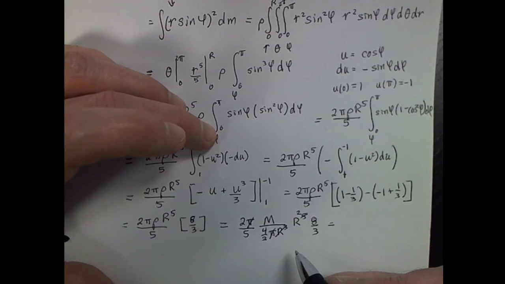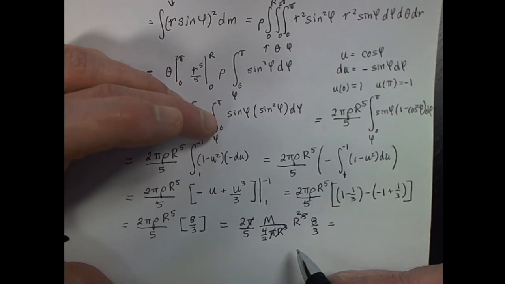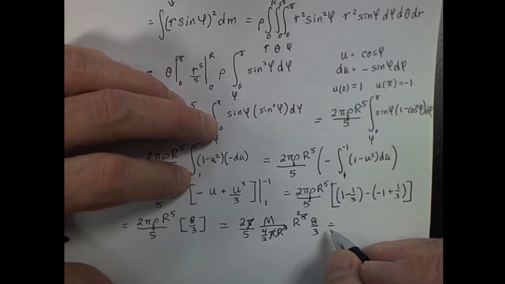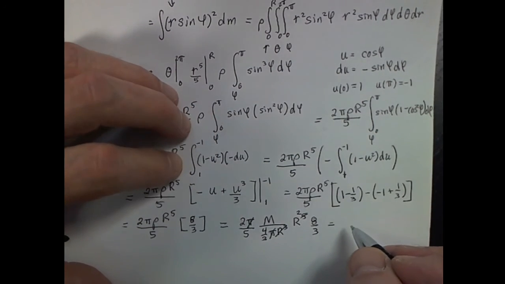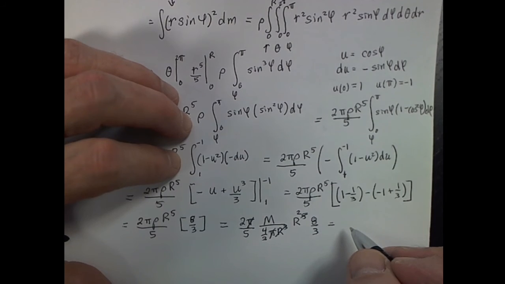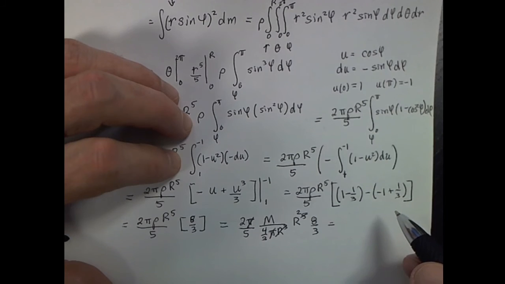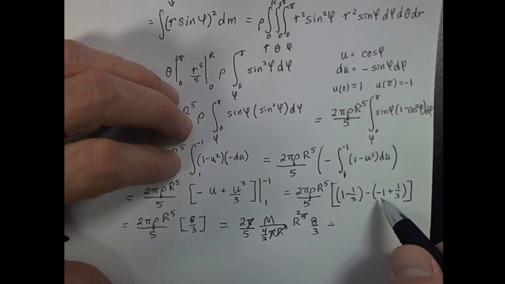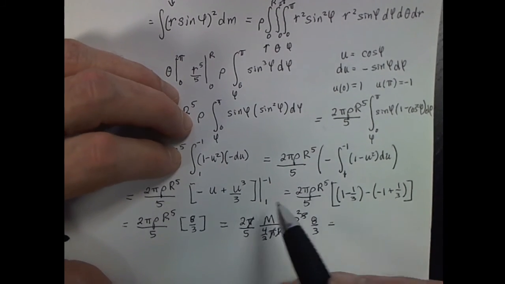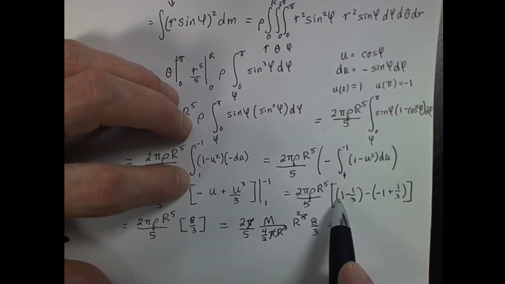I'm off by a factor of 2. So these 4/3 and that 8/3 should cancel. What did I do wrong in here? We have 1 plus 1. Make sure I put those limits in right. We put a negative in here, we get a positive 1.